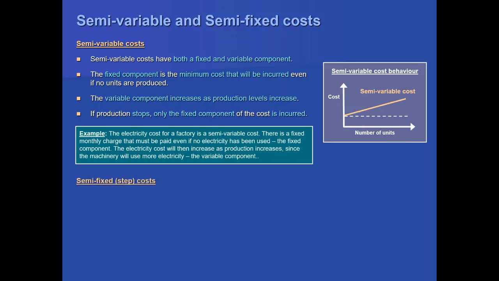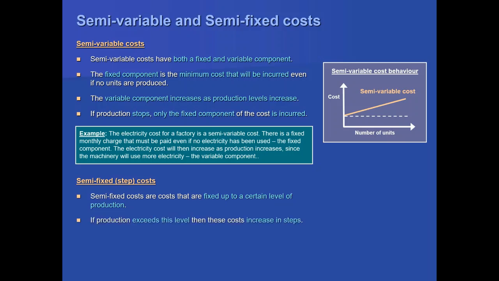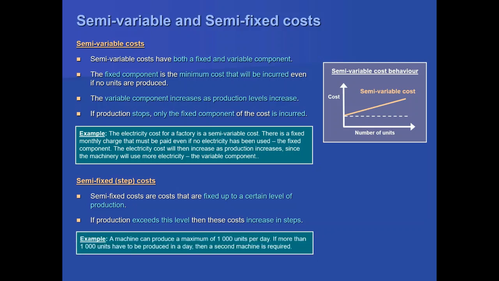And then finally we have the semi-fixed or step costs. Semi-fixed costs are costs that are fixed up to a certain level of production. If production exceeds this level, then these costs increase in steps. As an example, a machine can produce a maximum of 1,000 units per day.